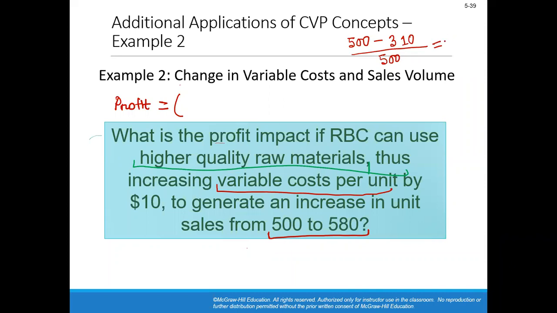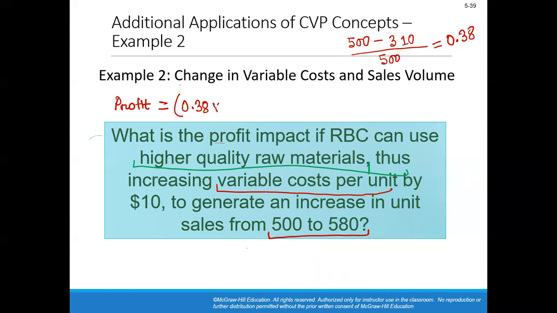How much is it? The new contribution margin, 38. Yeah, good. It was initially 40%. Now you see the contribution margin has changed. It should be 0.38.